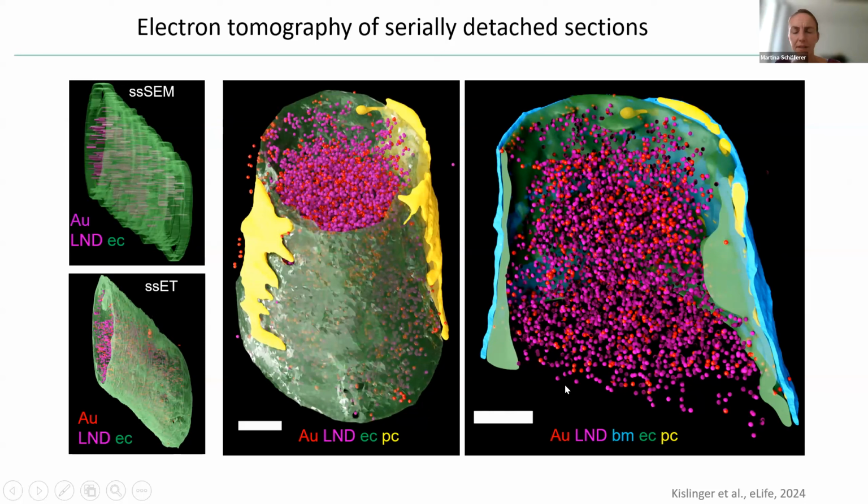And you can see here that now we can see all our lipid nanodroplets in magenta and gold particles. What we were interested in is that they are located in this endothelial layer. And we found that they are, for example, mainly located in some blebbing structures of this endothelium.